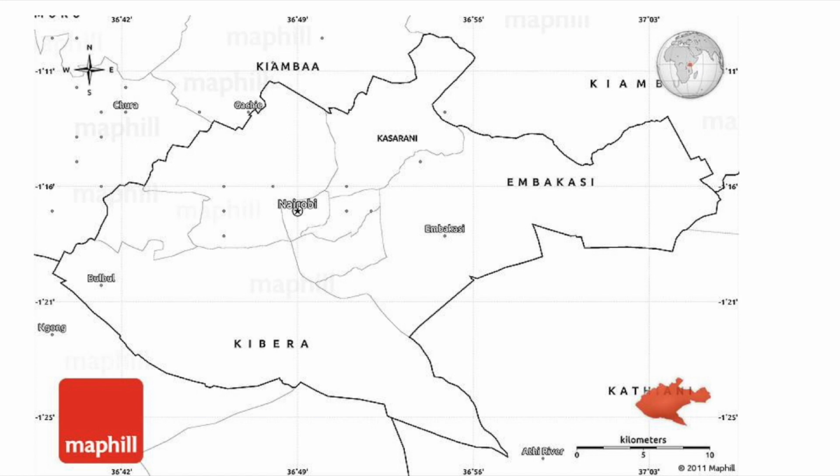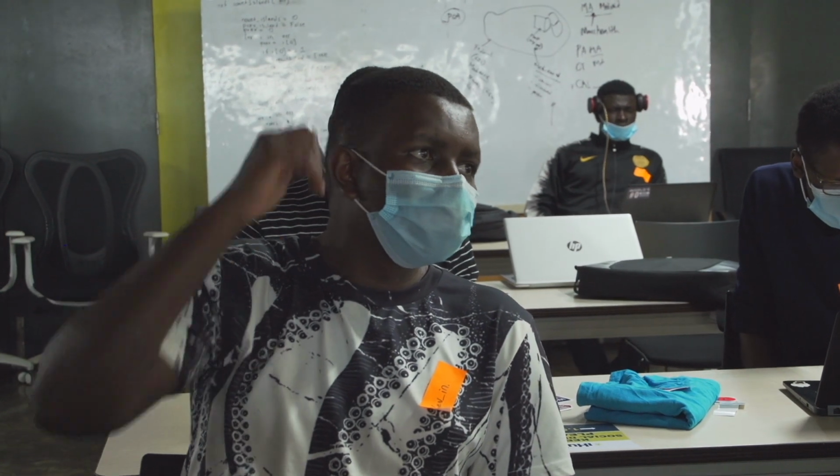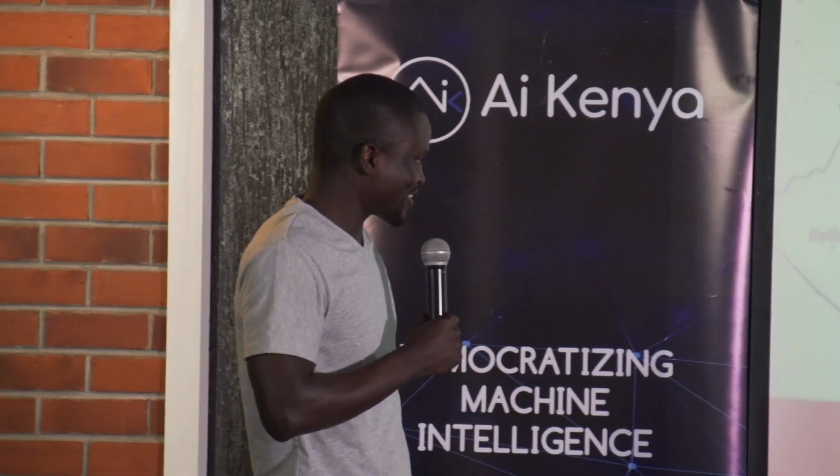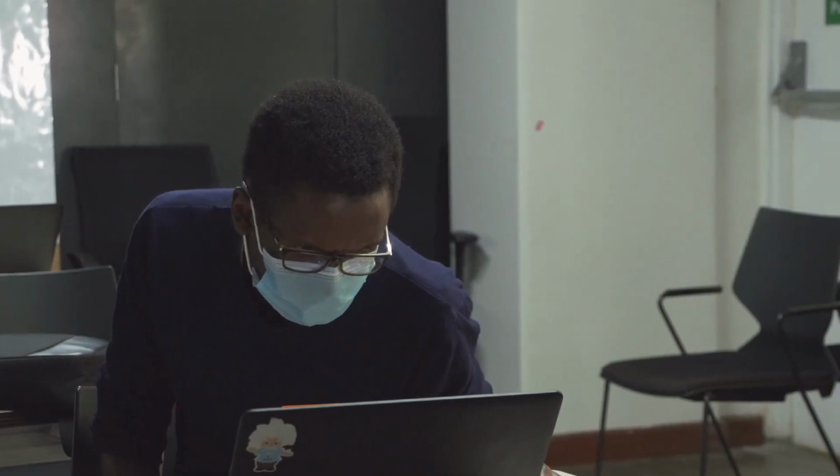So this is the map of Nairobi, a 2D map. Let's say you're craving fast food, or you're an addict of fast food. You go through several fast food chains, and then you end up at Big Square.